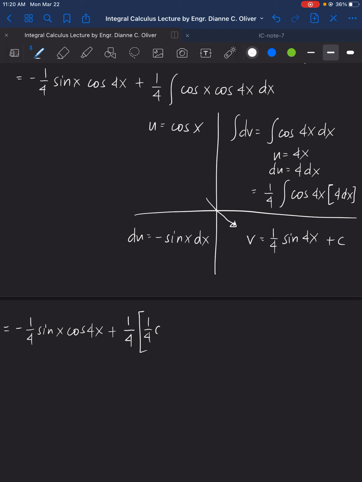And then again, we have cosine x sine 4x minus integral, parenthesis, integral of v du. So we have here negative 1/4 sine x sine 4x dx. Then let's close this. Okay.